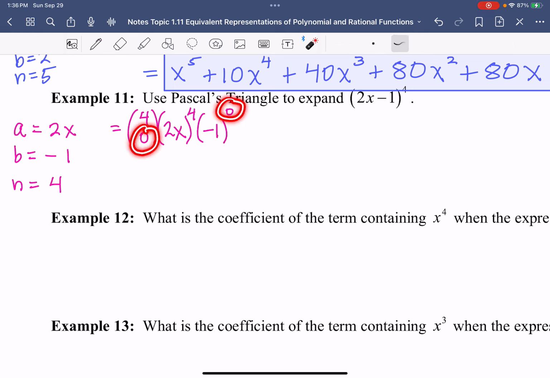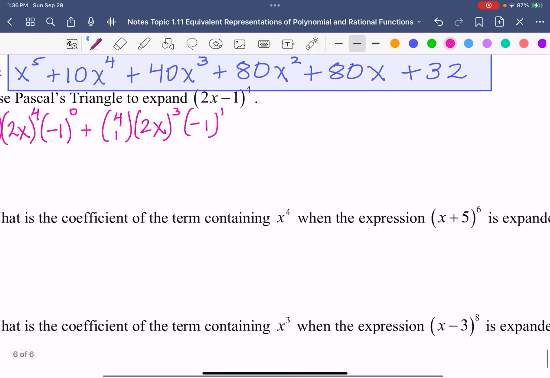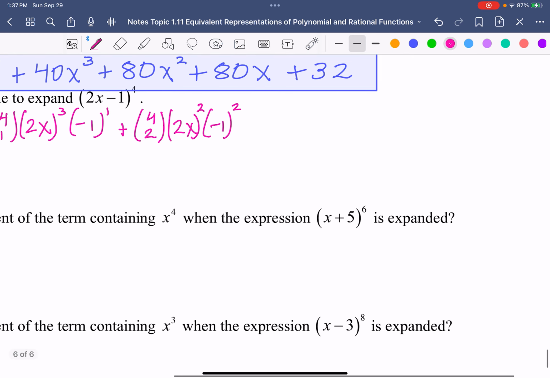Remember, these always add up to your degree. And then you move up by 1, so 4 choose 1, 2x cubed times negative 1 to the power of 1, plus 4 choose 2, 2x squared times negative 1 squared, plus 4 choose 3, 2x to the power of 1, negative 1 cubed.